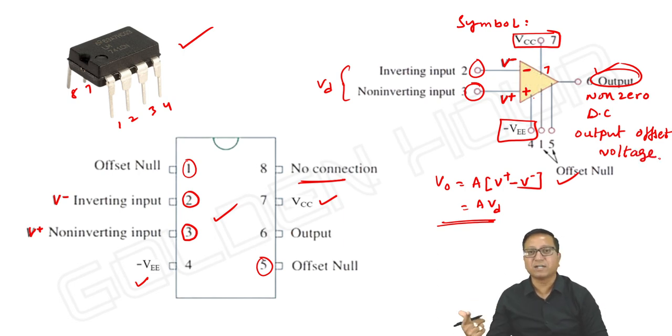Offset means unwanted output. Expected is 0 when 0 input is present, but if you get a non-zero output even with 0 input, that is called offset.